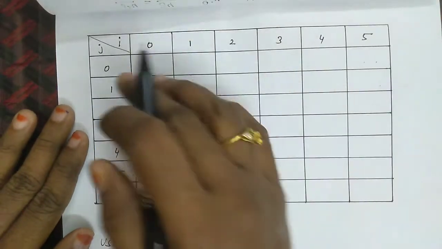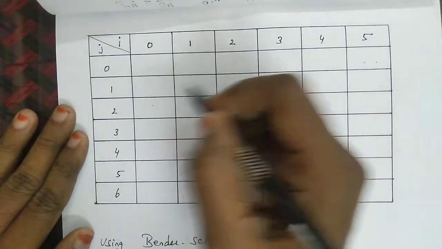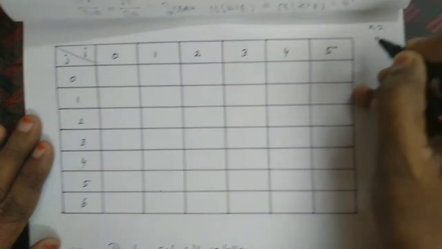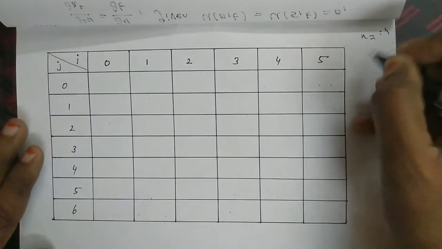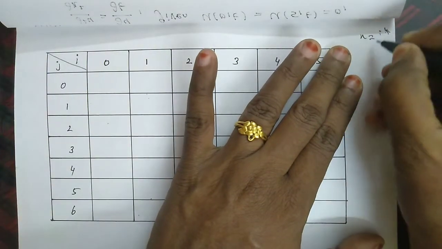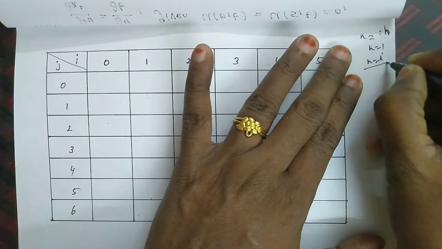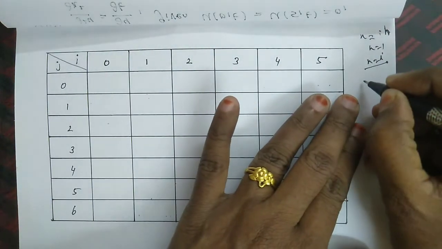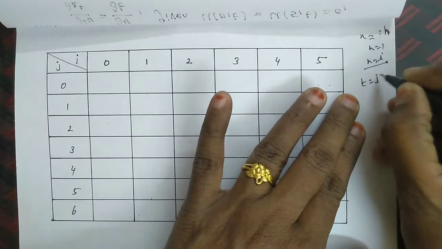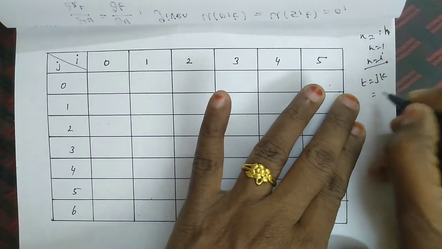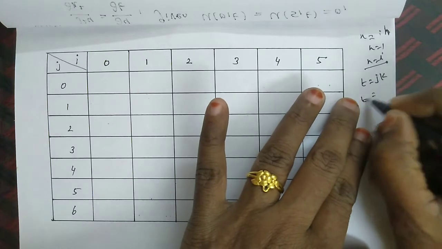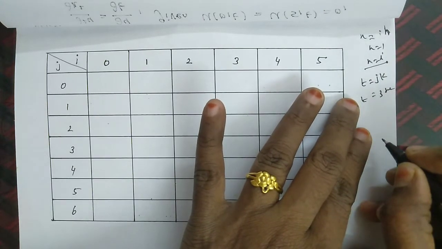How are we writing this j value here? Because we know very well that x is equal to i h. Here h is equal to 1, so x is equal to i. This is one condition. And the next one is t is equal to j k, isn't it? And here t up to 3 seconds is given in the question, right?